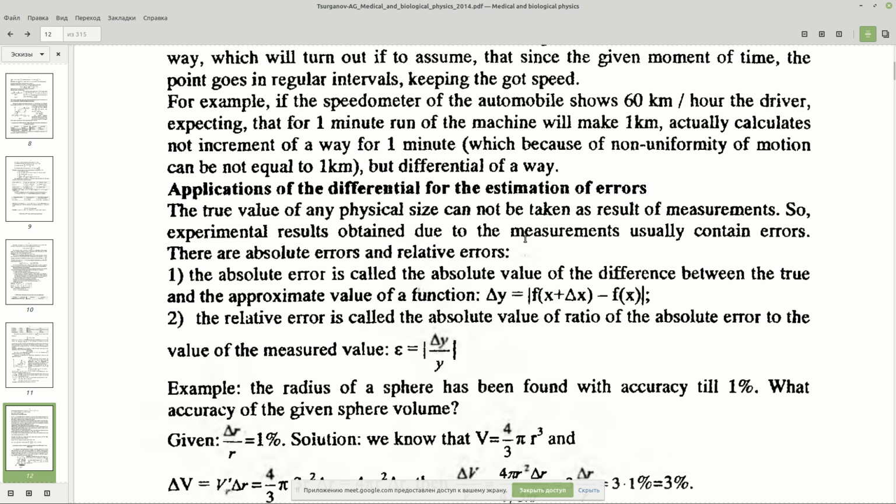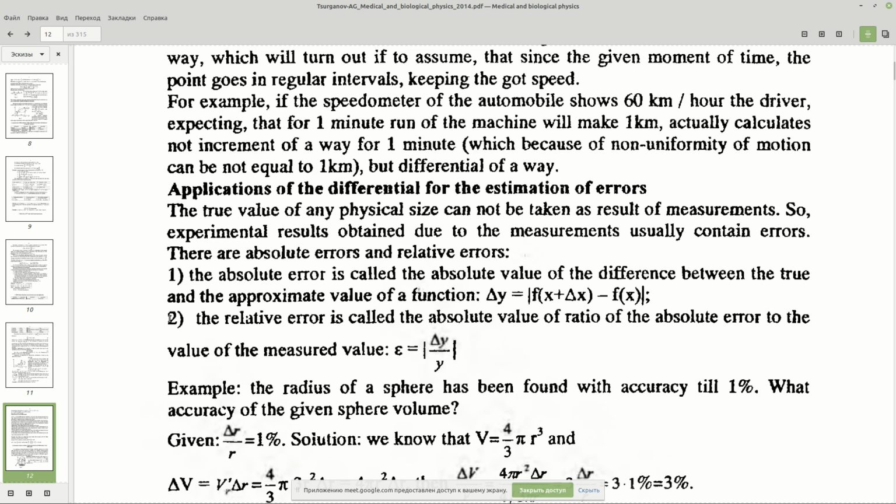Example: the radius of a sphere has been found with an accuracy of 1%. What is the accuracy of the sphere's volume? Given delta r divided by r is 1%. Solution: we know that V equals 4 divided by 3 pi r cubed, and delta V is V of r prime multiplied by delta r. The result will be delta V divided by V equals 4 pi r squared delta r divided by 4 over 3 pi r cubed, which is 3 delta r divided by r. So 3 multiplied by 1% gives 3%, the accuracy of the given sphere volume.